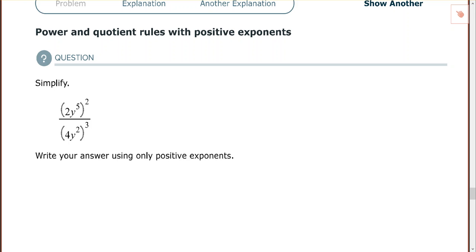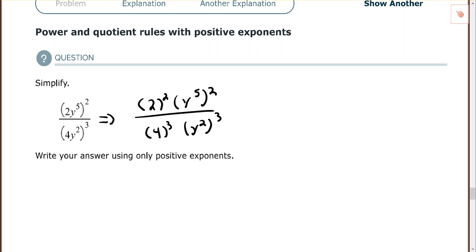So the first thing we have to do is, in the numerator, raise everything to the second power. In my denominator, raise everything to the third power. And then simplify those exponents.